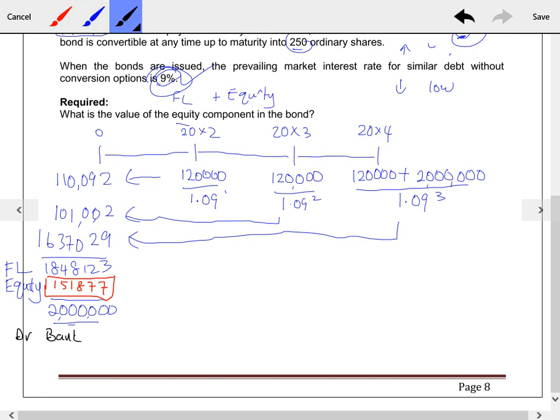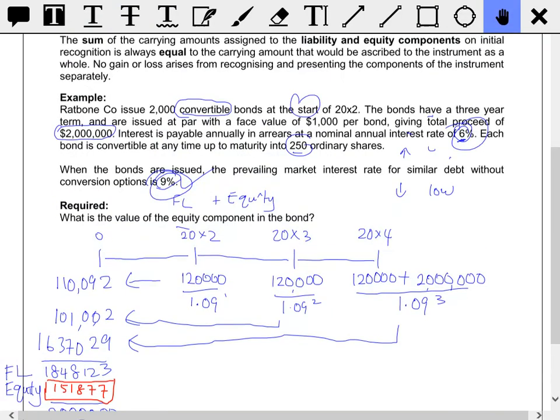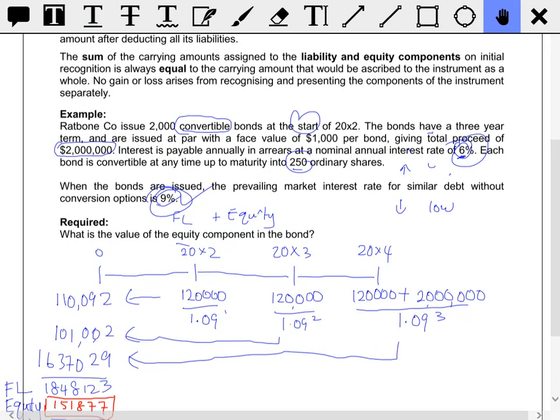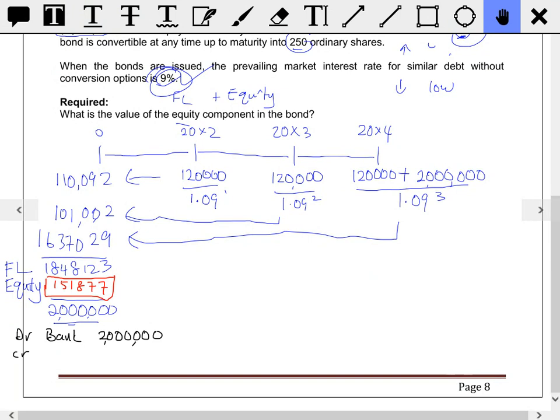I need to minus the interest paid. I pay 6% on the 2 million, so I pay 120,000. Balance: $1,894,454.